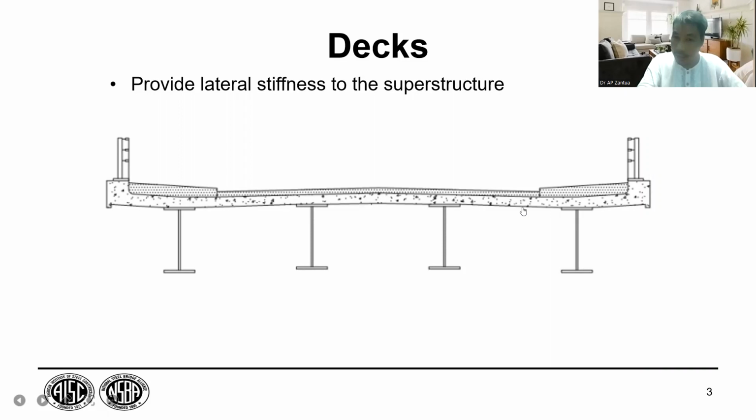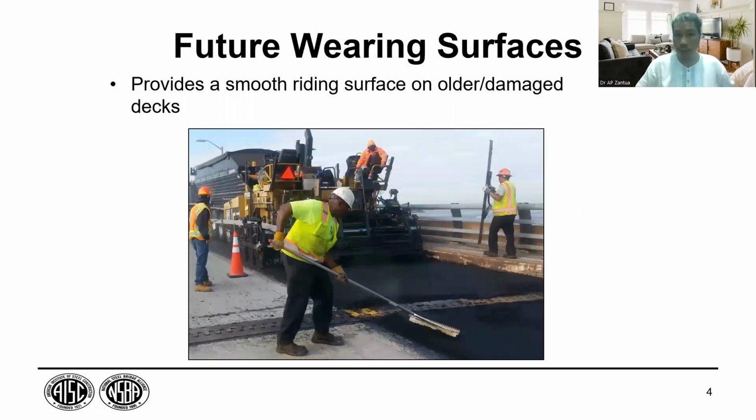If that is the decking, after the superstructure is cured, you can take off the temporary deck. Future wearing surfaces. So this is what we call the wearing surface. The wearing surface is the part of the bridge in direct contact with the wheels or the tires. Okay.